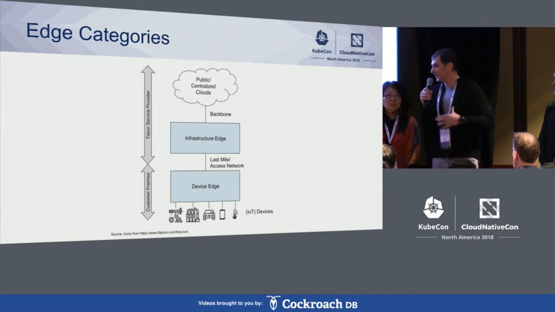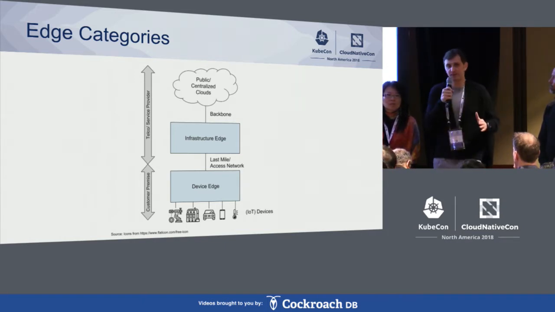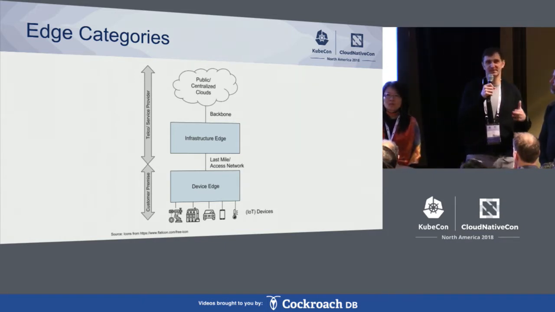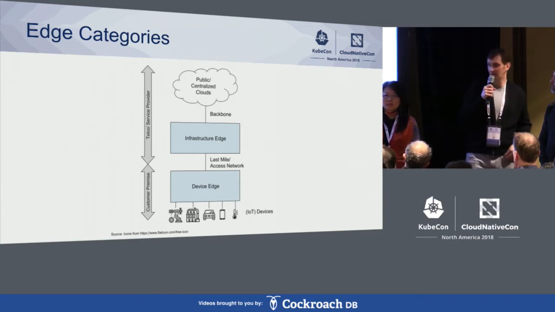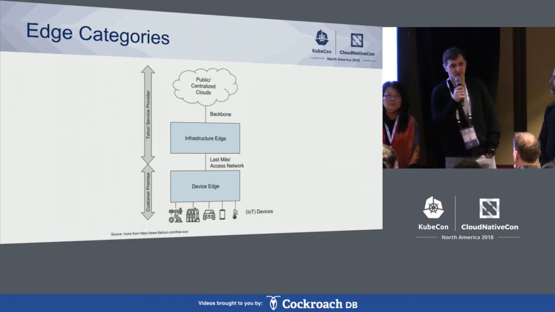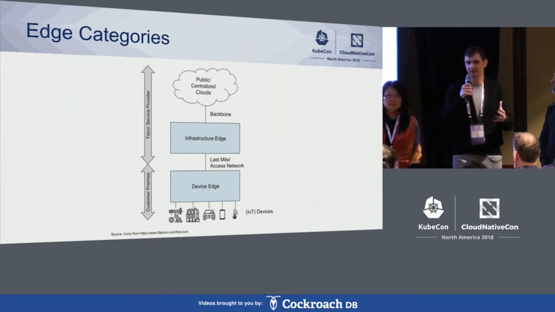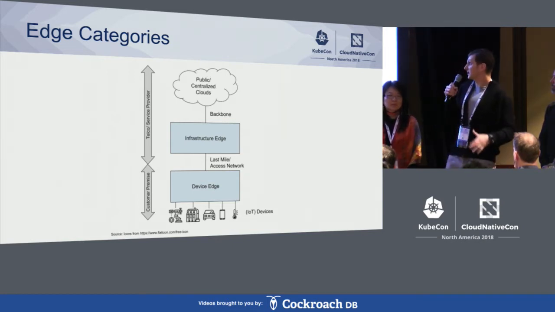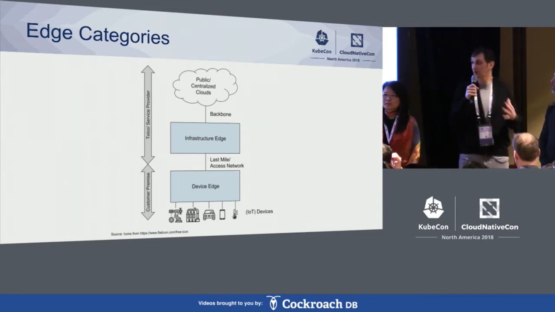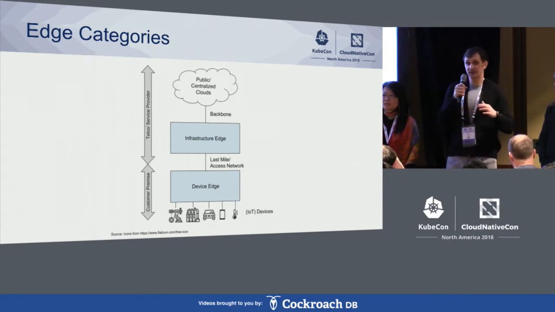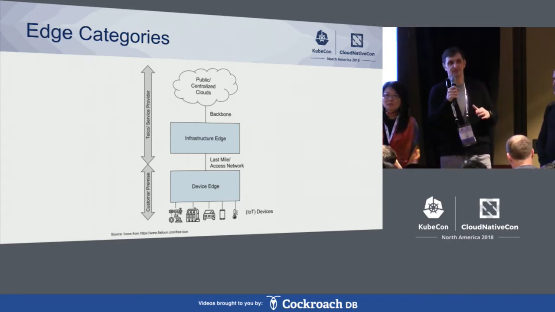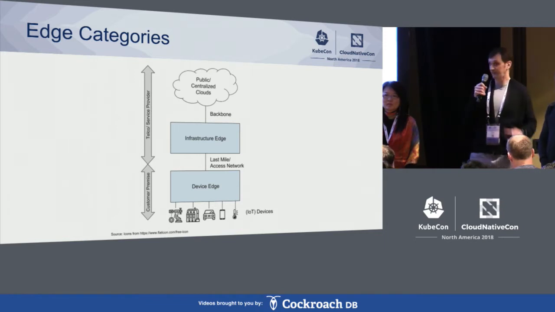And then you have a large group of people coming from the telcos, CDN providers, and ISPs who already own a huge infrastructure and points of presence close to the end users. That's something we call infrastructure edge. There's a big difference between these two, and a difference between the use cases intended for these two types of edges.